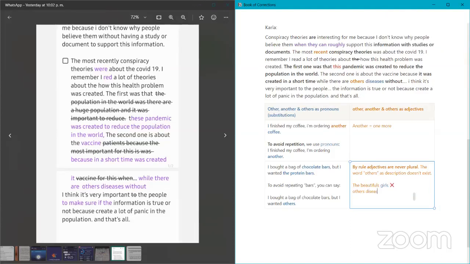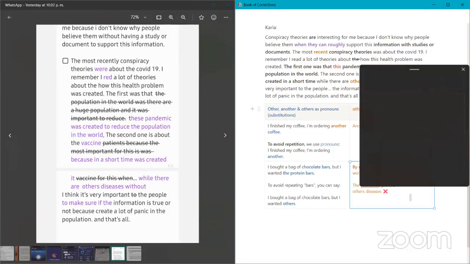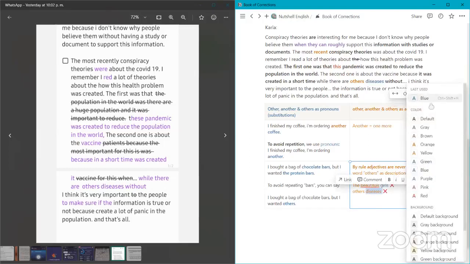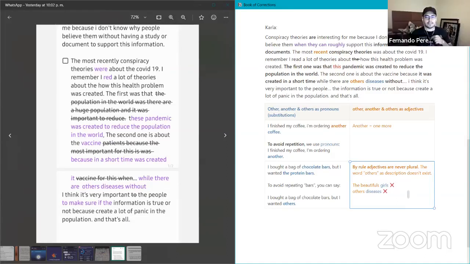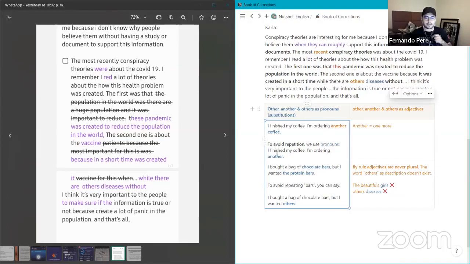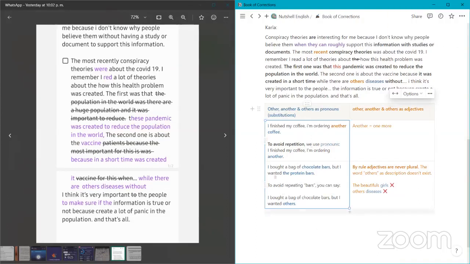Teacher, so the principal word to refer to extra things is another. And other is only if I need a substitution in the same sentence, in order to avoid repeating another, right? If you are thinking in substitutions, yes.